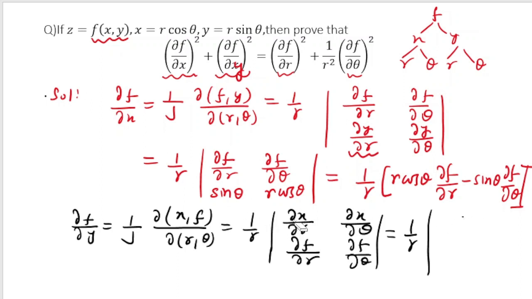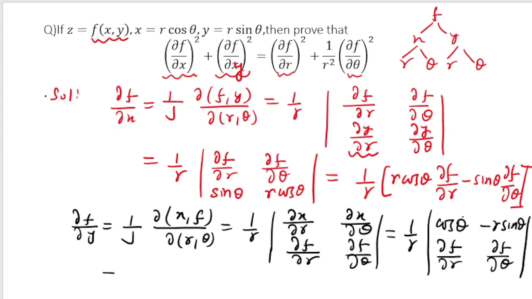So del x by del r, if I have to differentiate it with respect to r, I will get cos theta, and del x by del theta, I will get minus r sin theta, and this term will remain as such, del f by del r and del f by del theta. So I now need to simplify it.